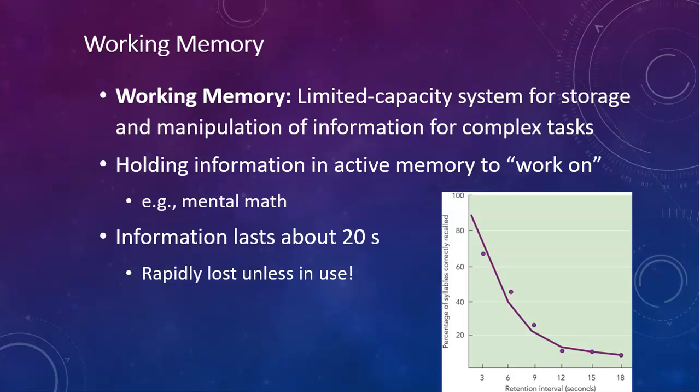But working memory specifically is a limited capacity system for storage and manipulation of information for complex tasks. In other words, it's holding information in the active memory to work on it.